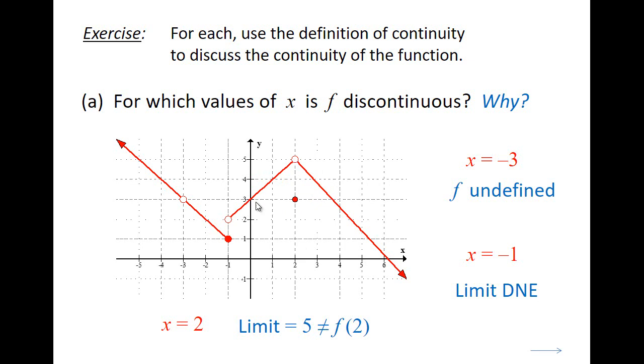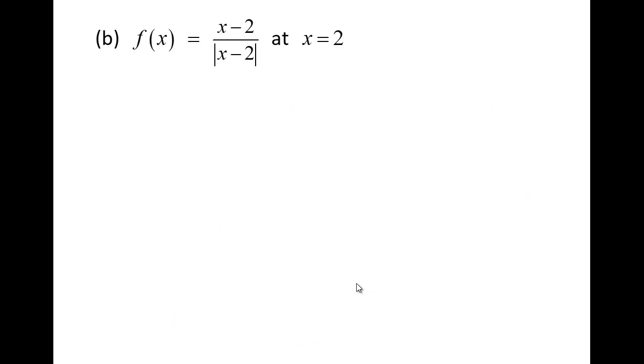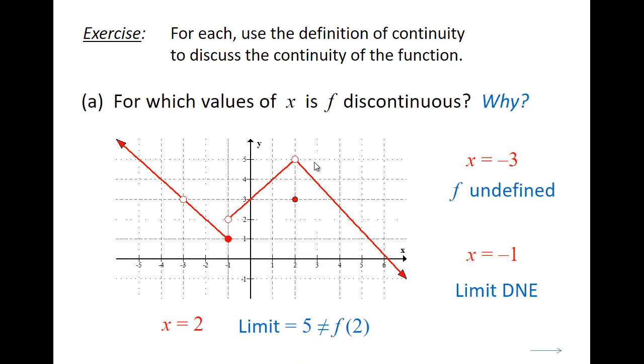If you approach 2 from the left, you're approaching 5. If you approach 2 from the right, you also approach 5. So the limit at 2 is 5. The value of the function at 2 is 3. So since the limit at 2 isn't the same as the value of the function at 2, it is still discontinuous at 2. So what do we see then? We see that this function is discontinuous at -3, -1, and at 2.